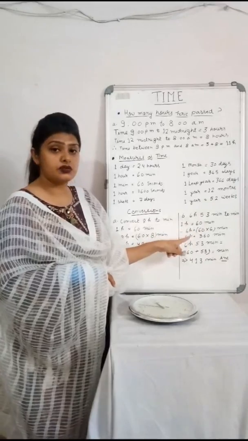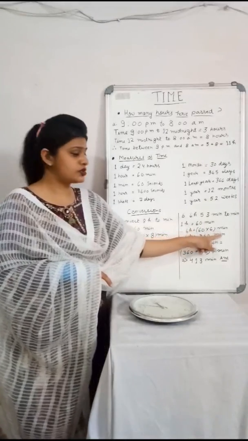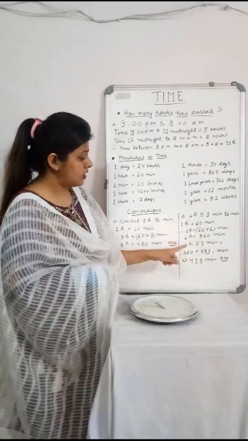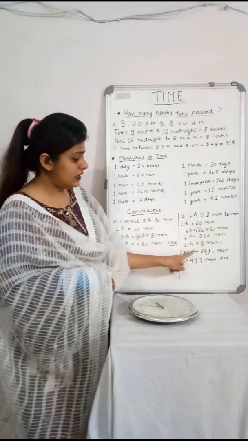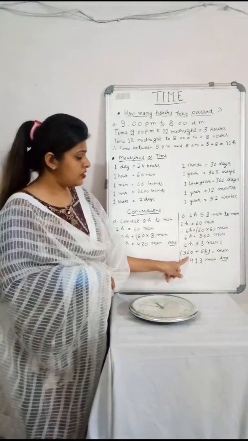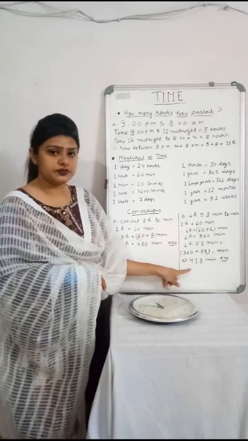Therefore, 6 hours will be multiplied by 60. 60 multiplied by 6 is equal to 360 minutes. Now, the hours have been converted into minutes here and these are already in minutes. We will add both the minutes, that is 360 and 53, we will get 413 minutes.